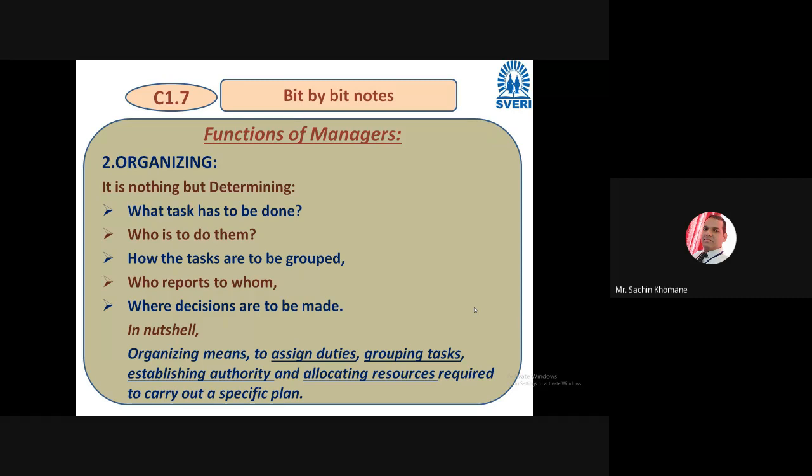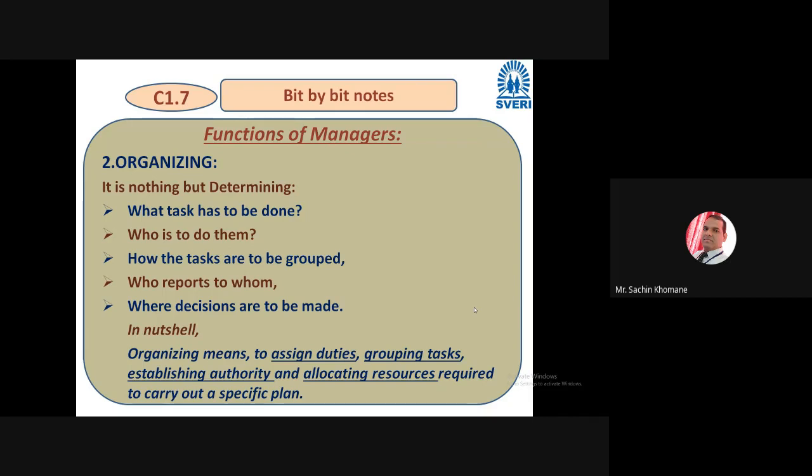Assigning duties means who has what work, giving those particular duties to employees. Then grouping the tasks means dividing the work. If a big work is there, dividing it: somebody will do design, somebody drafting, analysis, production drawing preparation. Then establishing authority: who will be the boss for a particular group, or the leader for a particular task.